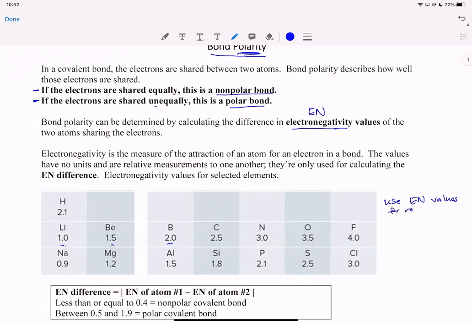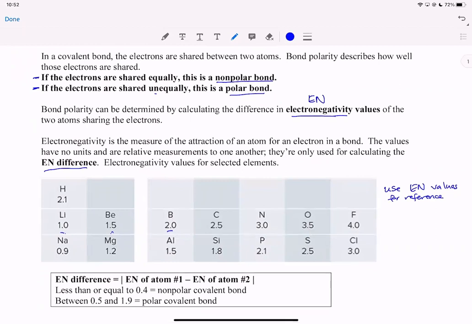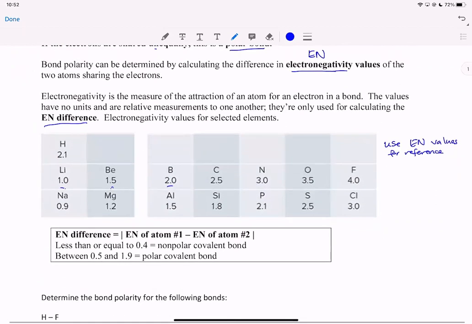for reference. You don't need to memorize these, but you do need to know where to find them so you can use them to calculate what's called the electronegativity difference. The electronegativity difference is subtracting the electronegativity value of one atom from another atom in the bond. You can only have two atoms in a bond.